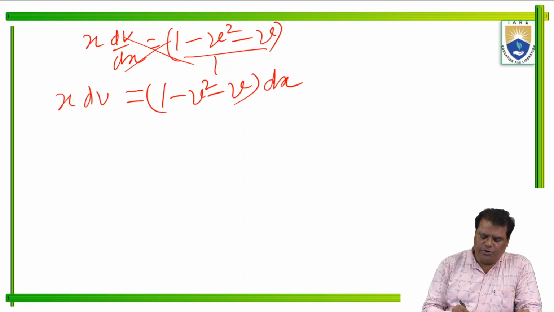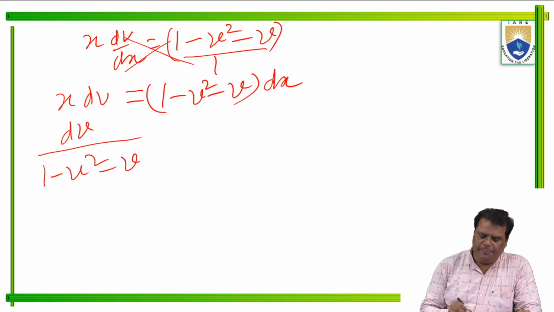So dv upon (1 minus v square minus v) equals dx upon x.